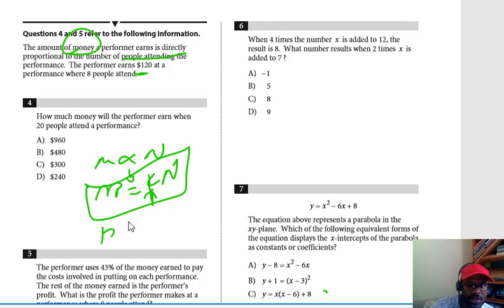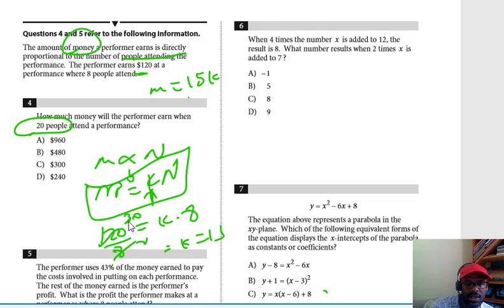So the money is $120 and we have k and 8. So when you divide, the value of k is going to be 15. Okay, so our equation becomes m equals 15n. Okay, so how much money will the performer earn when 20 people are attending? So you just multiply 15 by 20. That gives you 300.